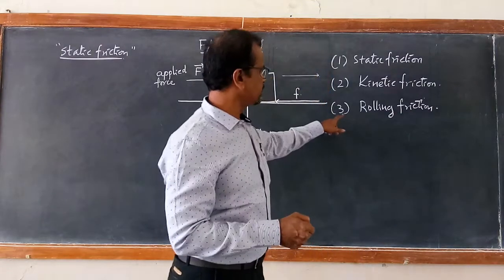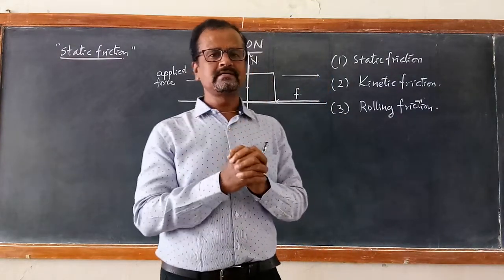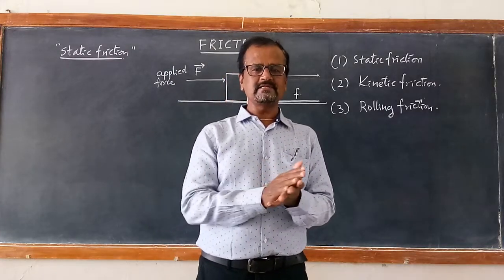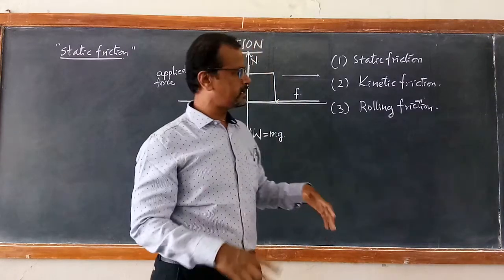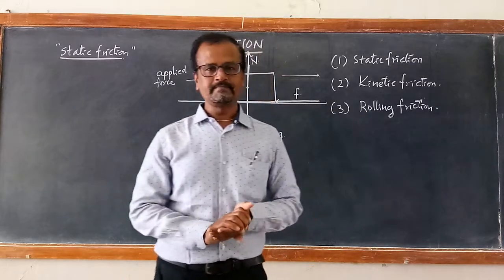The rolling friction is minimum because of the rolling of wheels. So whenever the rolling of bodies takes place on surfaces with the help of wheels, the friction that comes into play is called rolling friction.